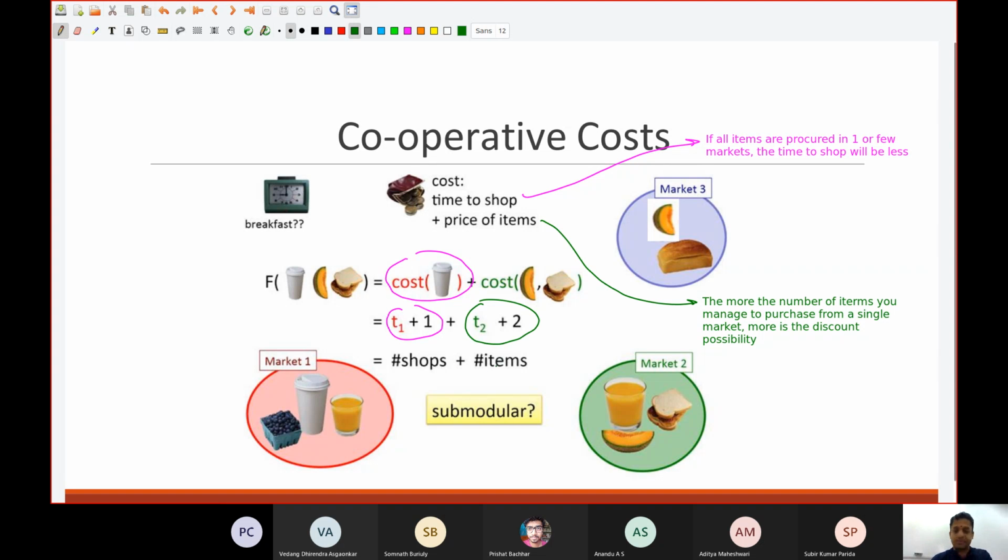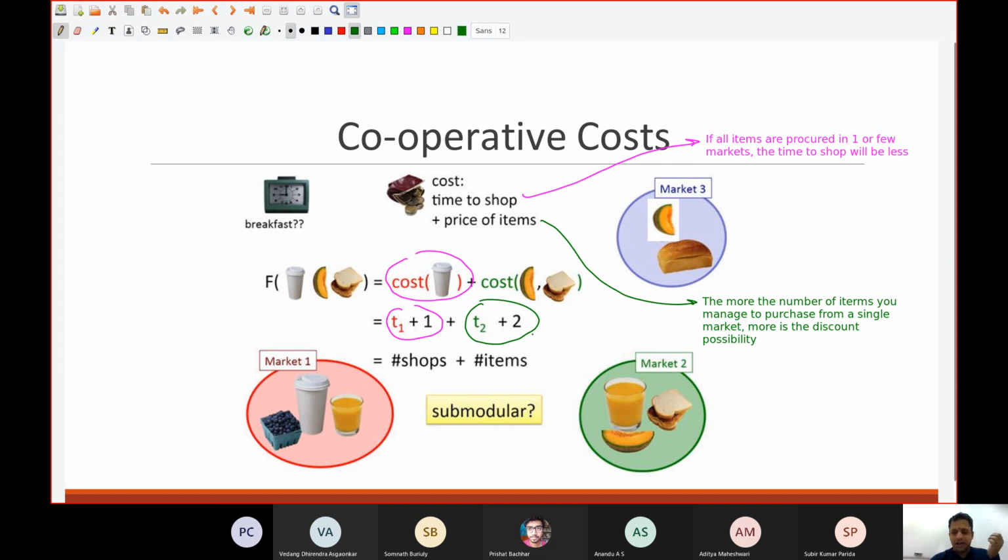Number of shops plus number of items, in some sense. So in the first place, you're buying one item. The second place, you're buying 2 items. So this turns out to be submodular.